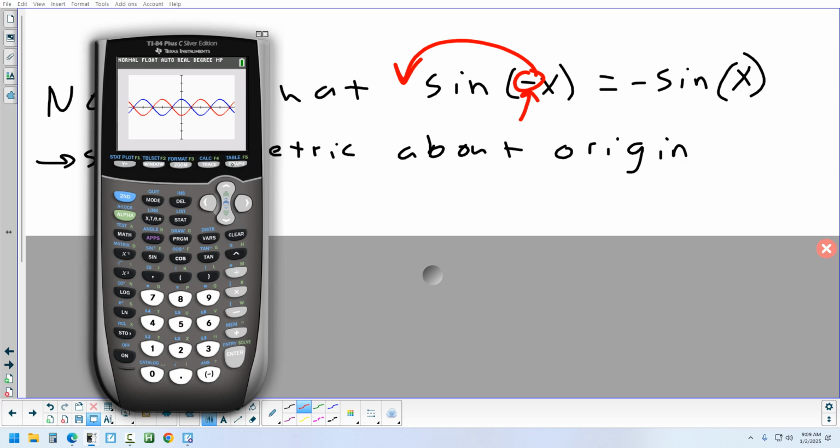So does anyone have an idea of what I could do that would be the same? Yeah? Make the negative cosine of x positive. Yeah. If you graph cosine of negative x, and you just graph cosine x, okay, watch how those look.